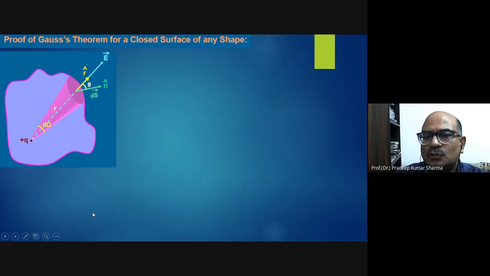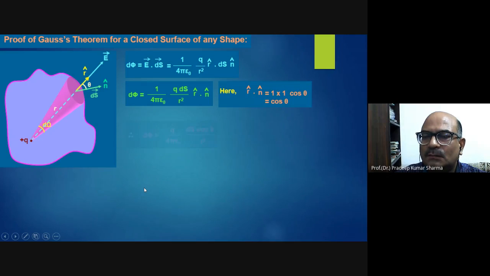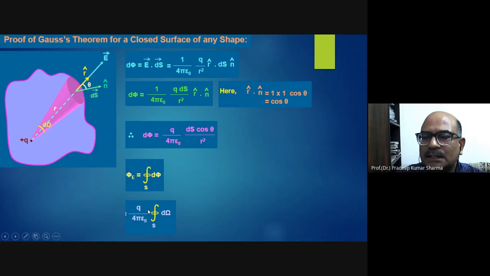When we had to prove it for a closed surface of any shape, we used the concept of the solid angle, and step by step in the same manner, at the end we used the entire integral for the solid angle, which was 4 pi, and got the same value as in the normal proof of Gauss law.